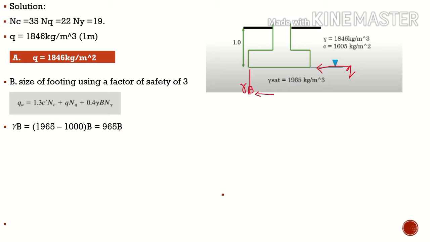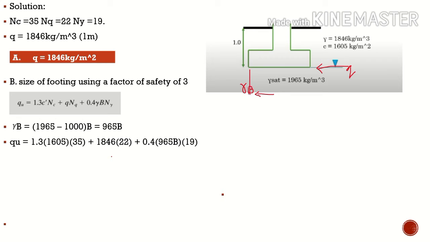So our gamma B is equal to 965B. So we substitute into the formula to get the ultimate bearing capacity. qu is equal to 1.3 times c, 1,605, times 35 Nc plus 1,846 q times 22 Nq plus 0.4 times gamma B, 965B, times 19 N gamma.